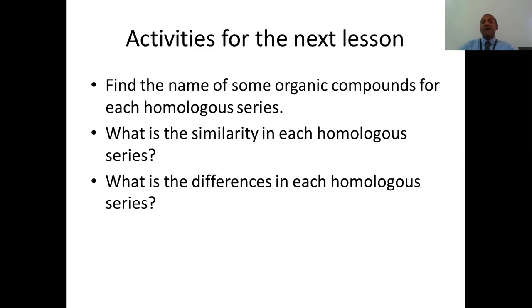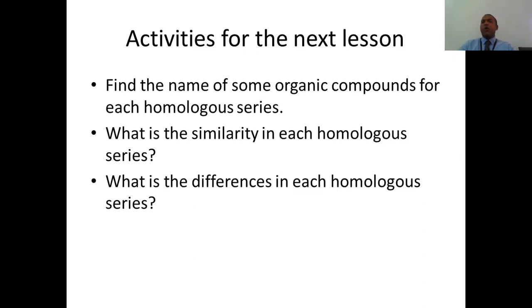Number 1, find the names of some organic compounds for each homologous series. Maybe 2 or 3 names of organic compounds in alkane, in alkene, in alcohol, or in carboxylic acid. I leave it to you. Write down on paper the names of these chemical compounds.